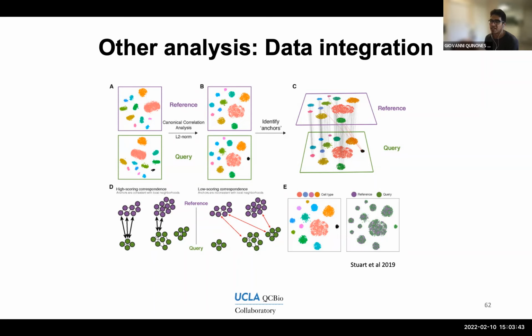But there are also a lot of other methods, a lot of other types of analysis that are out there. And I think I mentioned before, this field is moving so quickly that every year there are even up to 100 tools that are being published.